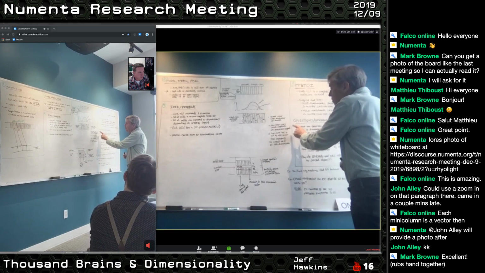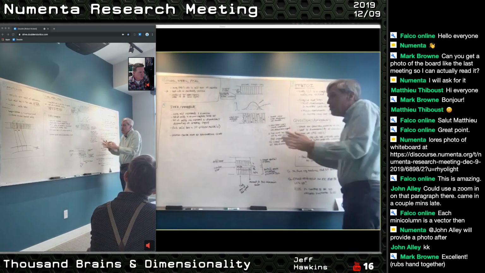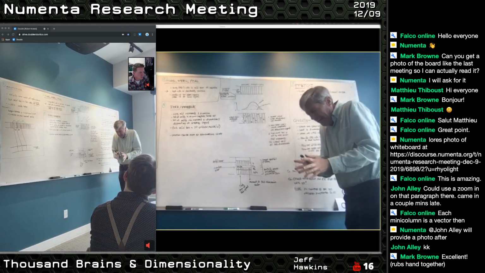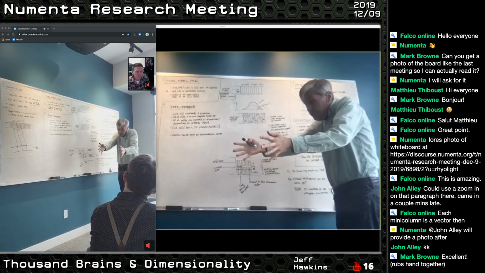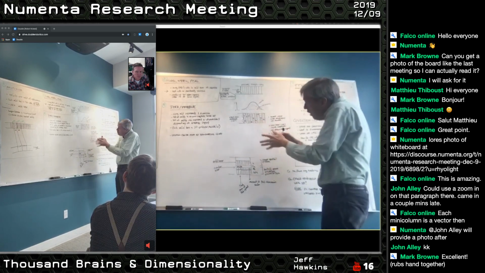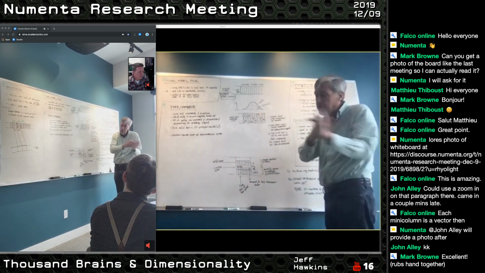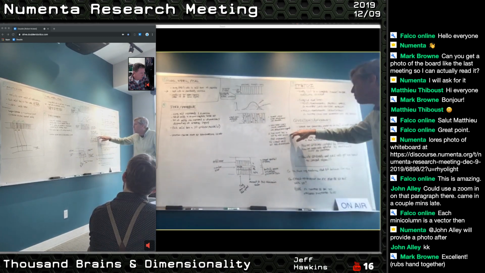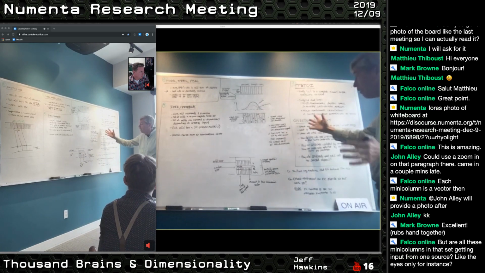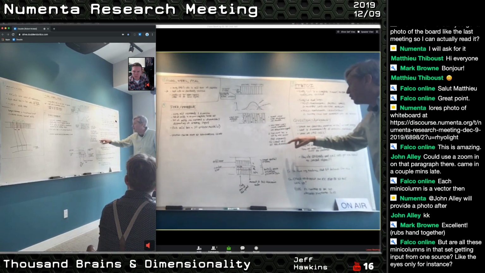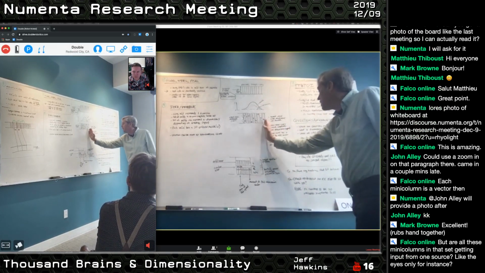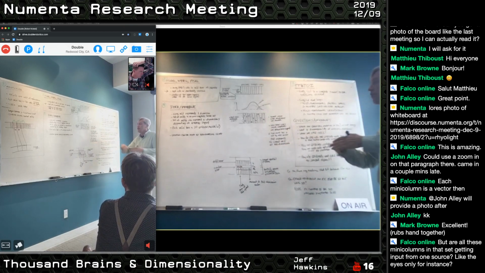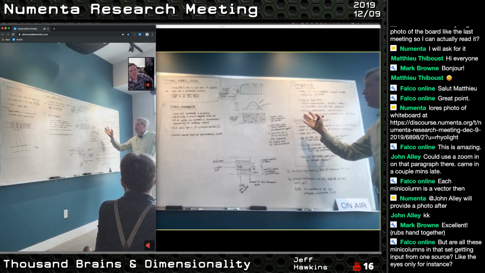And how fast they move depends on the orientation of the sensor and the speed at which it's moving. If I move faster, then these things have to move faster. If I move slower, they're going to move slower. And which ones move depends on which way my orientation is. So therefore, there must be a mini column by mini column scalar that represents the current orientation of that mini column relative to this dimension.